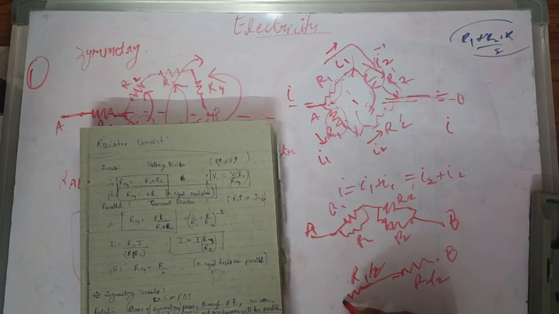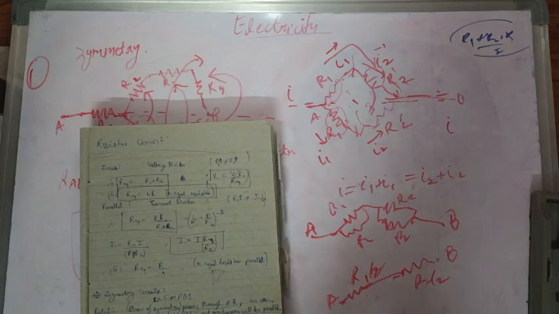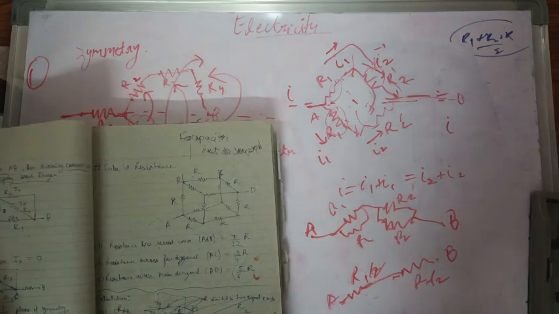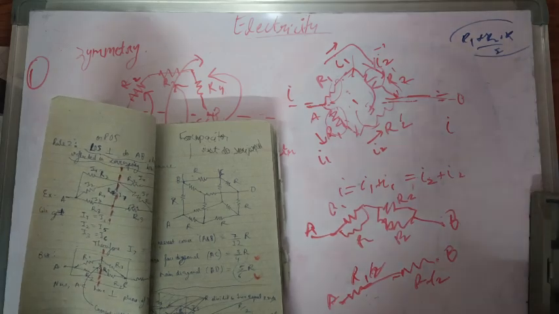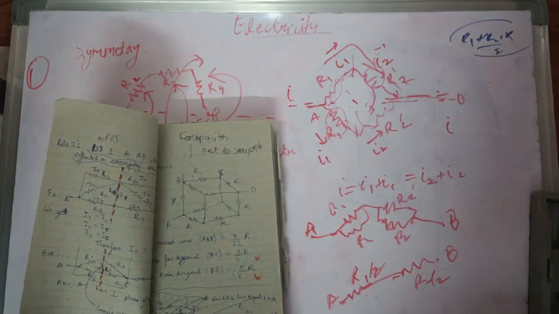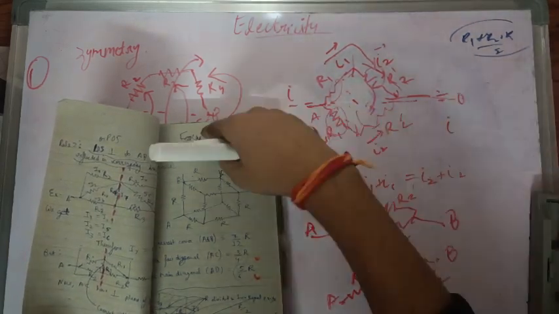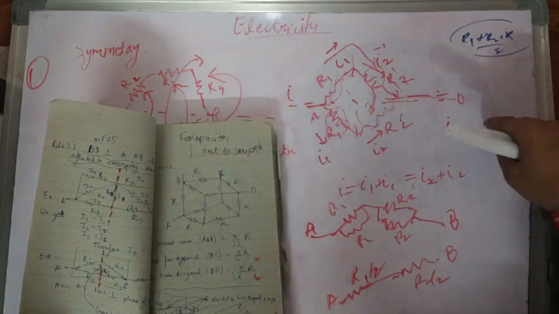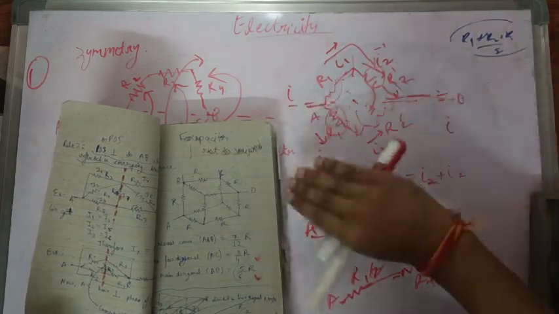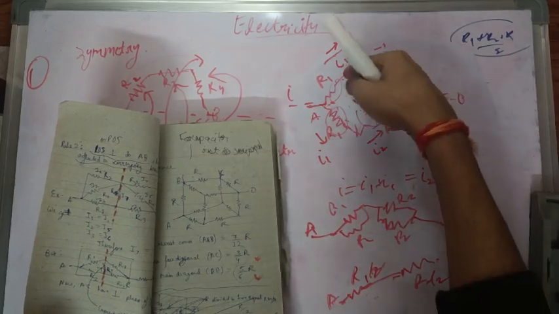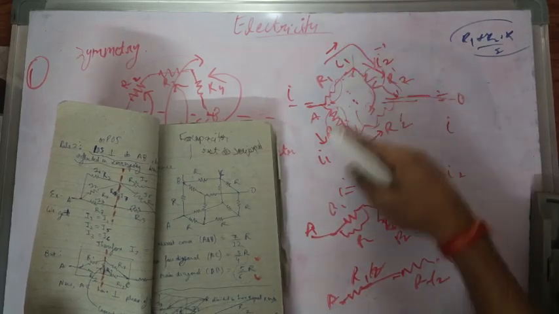This is the B end, this is the A end. And nothing else. As simple as that. When the current in the circuit or the resistors in the circuit are symmetrical about this line, then I can ignore this resistance.